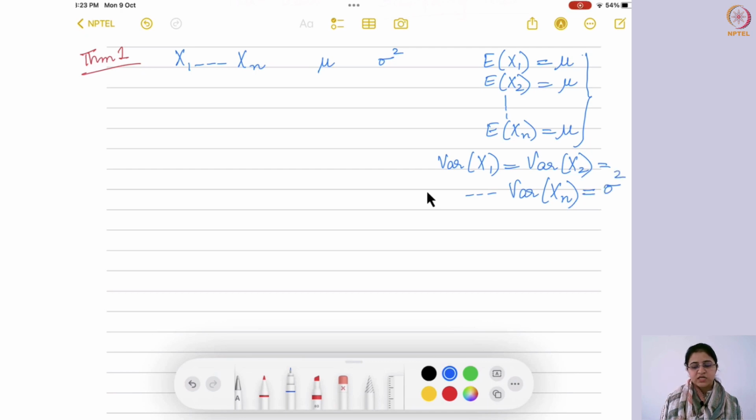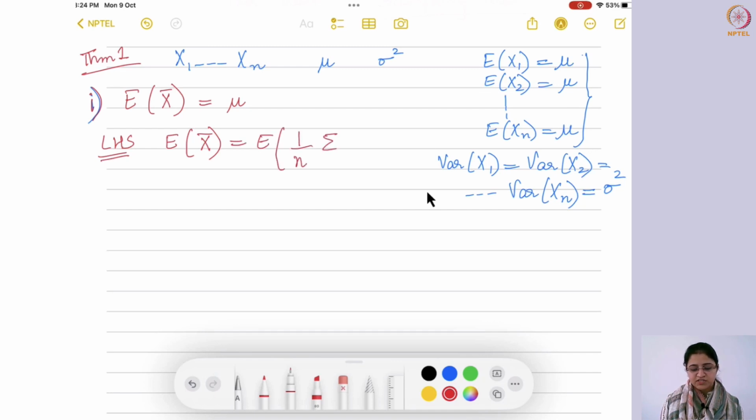So now with this assumption, let us first target and solve the first problem, that is, we have to prove that expectation of sample mean is basically population mean. Now what is sample mean? So let us start from the left hand side. Expectation of x bar, which is, instead of x bar, I could write 1 over n summation xi's, where i goes from 1 to n.